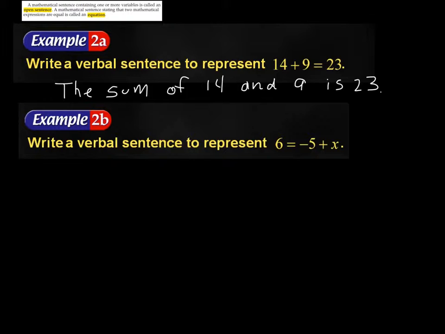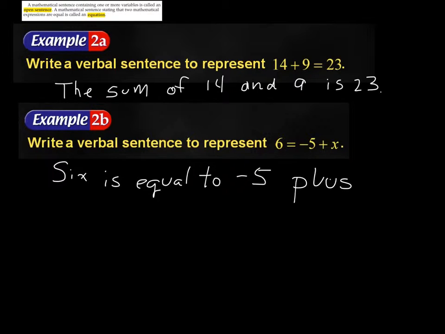Write a verbal sentence to represent 6 equals negative 5 plus x. Now, I remember from my keyboarding instructor, if a number starts a sentence, you should write it out instead of typing the number. So 6 is equal to negative 5 plus a number, because it could be any variable. But x would be fine, I'm not going to complain.